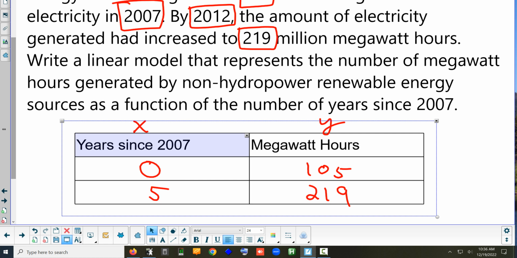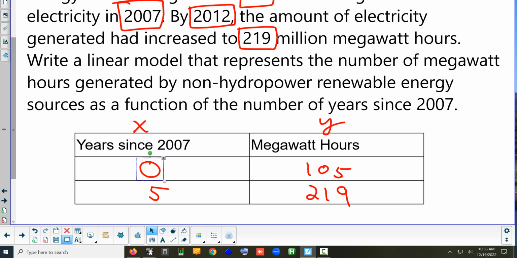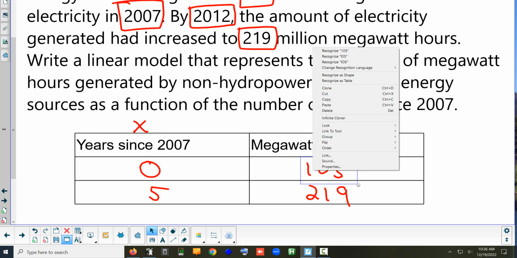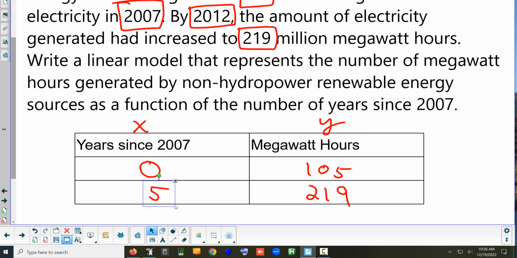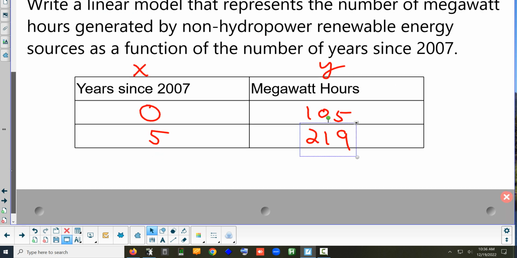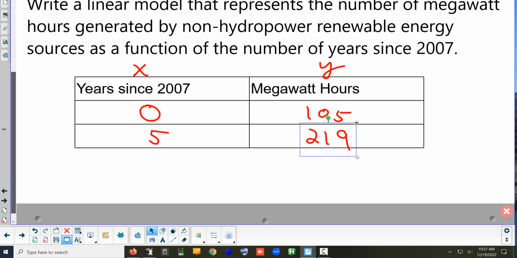And there's your coordinate. 0, 105, 5, 219. So now, for part of your homework, try to finish finding the y-intercept and the slope and write the equation. And we'll go over that in the warm-up tomorrow.